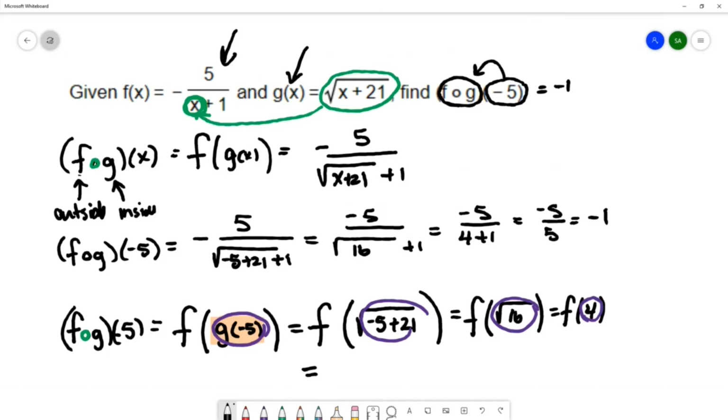So when we do that, we would have negative 5 over 4 plus 1. Negative 5 over 5 is a negative 1. So we've got the same answer that we worked out in a different way.